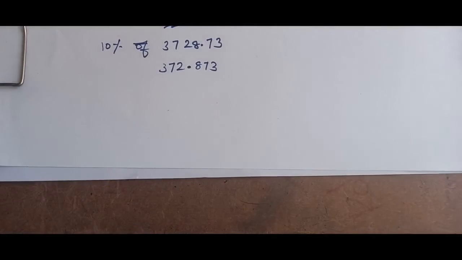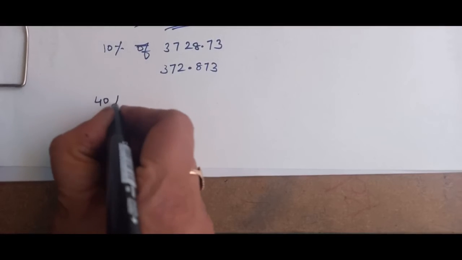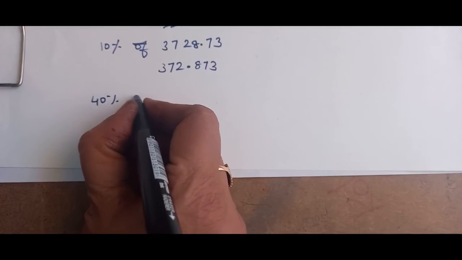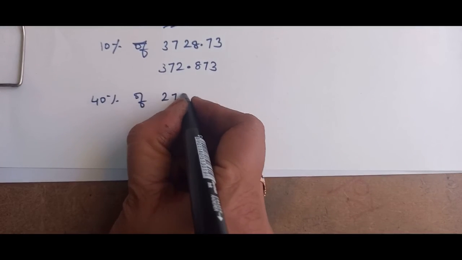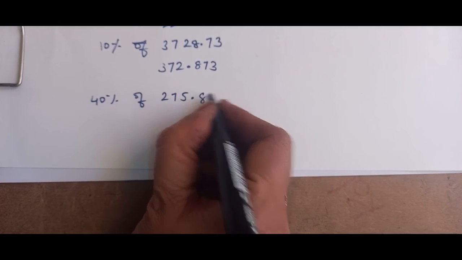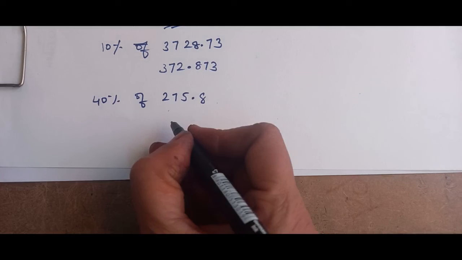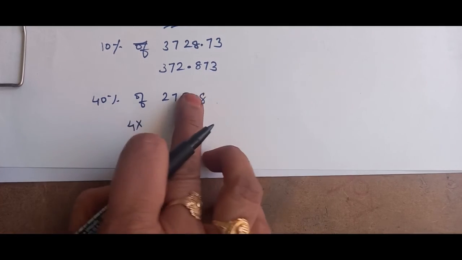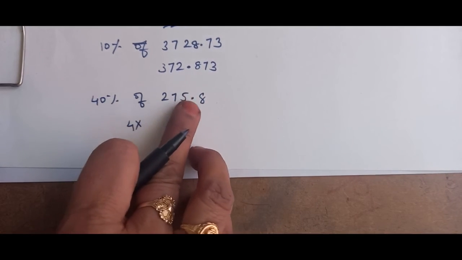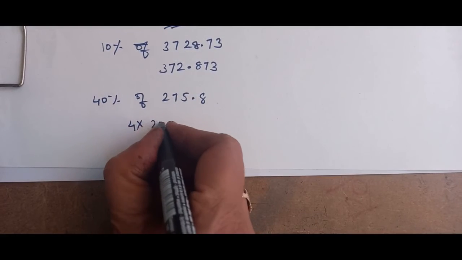Let's see. 40% of 275.8, for example. Okay. Simple. 4 into 10% of this amount. What is the 10% of this amount? 27.58.